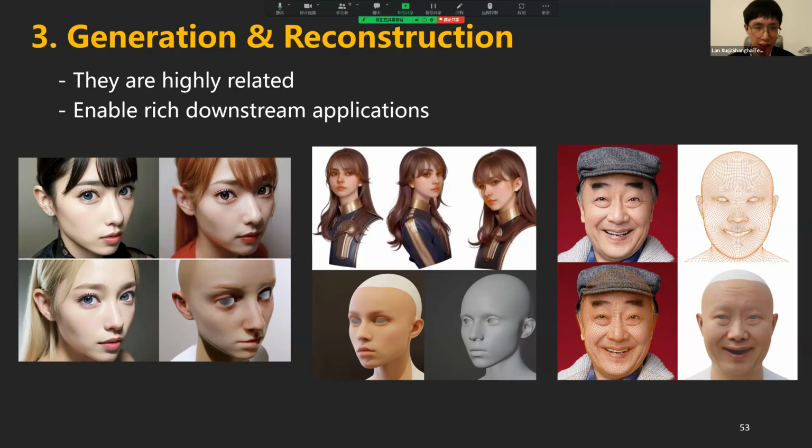And I believe Dr. Dean will continue to discuss how we could generate something from our reconstruction pipeline. Generation and reconstruction are highly related to enable rich downstream applications. For example, on top of the generation results, we could provide stable diffusion to generate photorealistic images. And we could even do it in a different way.